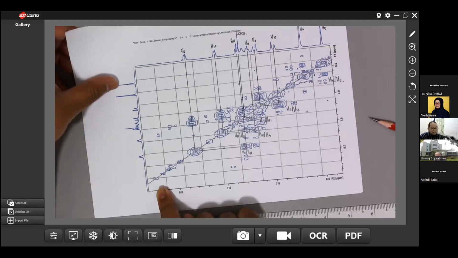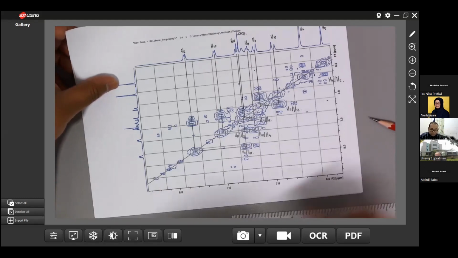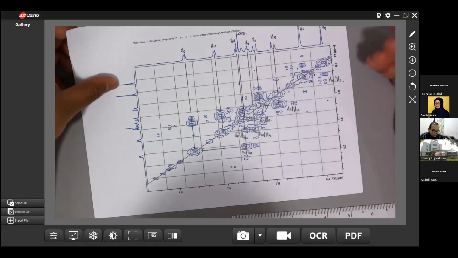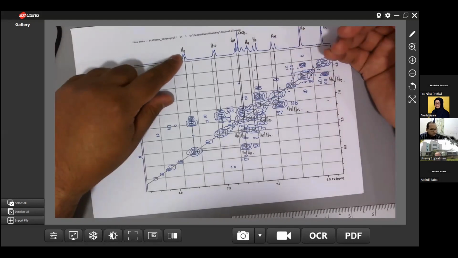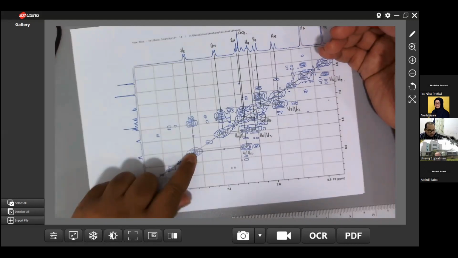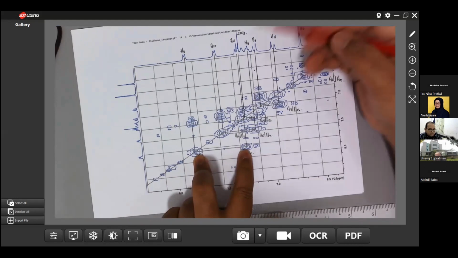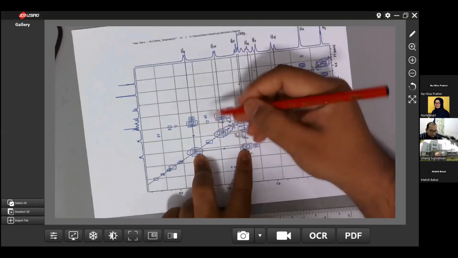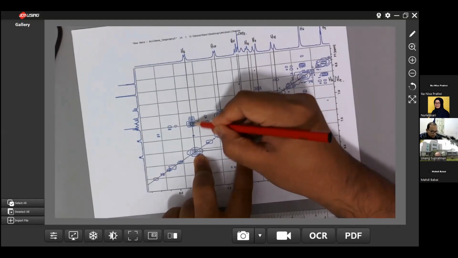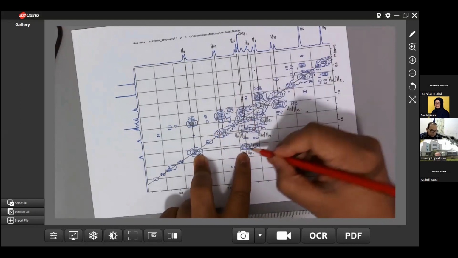Don't worry. What you can do is look at the correlations going down the straight line, and after that, it's connected with the H11 here. It means this contour is a reflection of this contour.